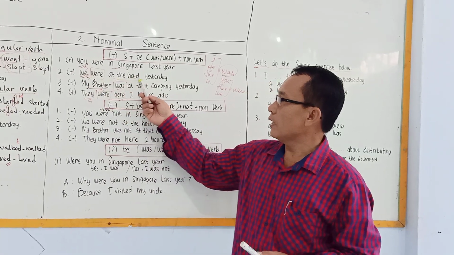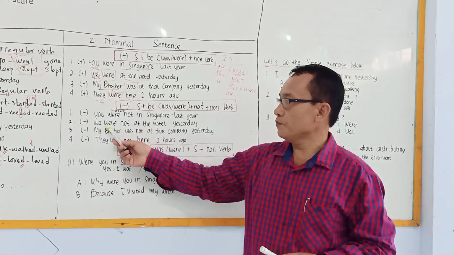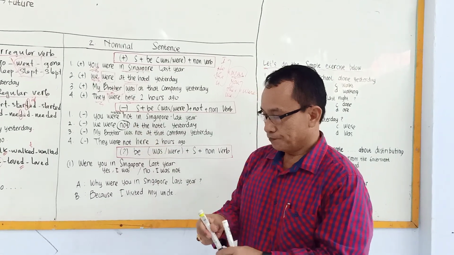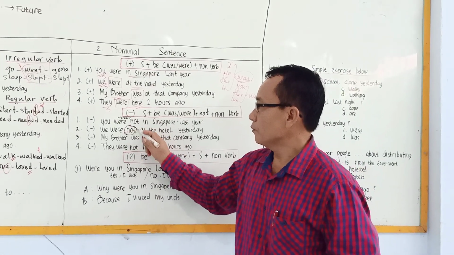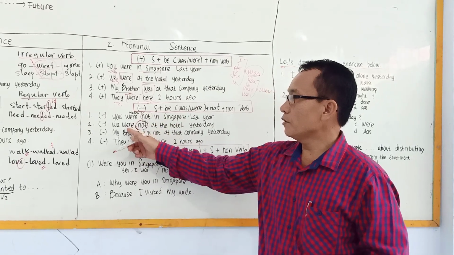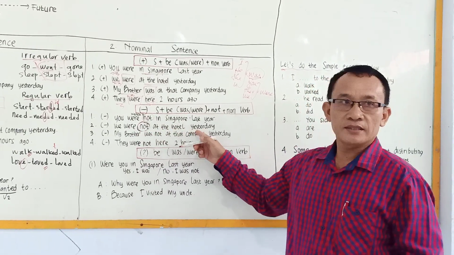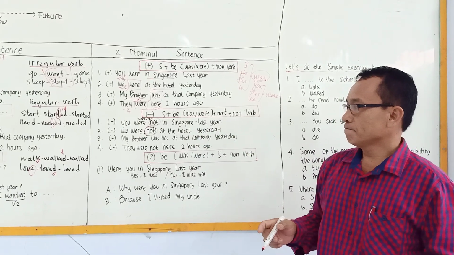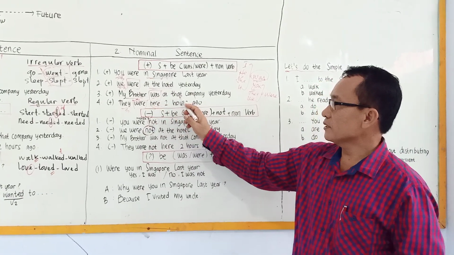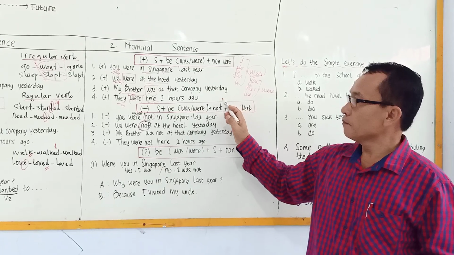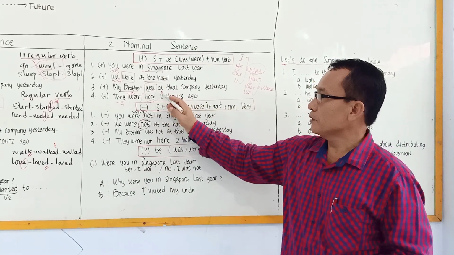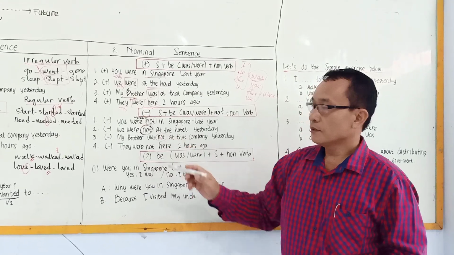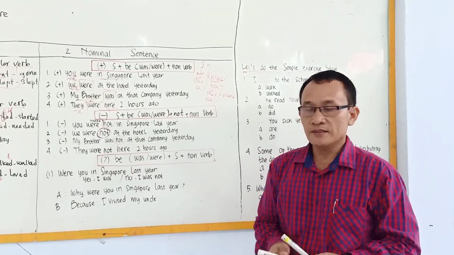We were at the hotel yesterday. Negative: we were not, or we weren't at the hotel yesterday. My brother was at the company yesterday. My brother was not, or wasn't.